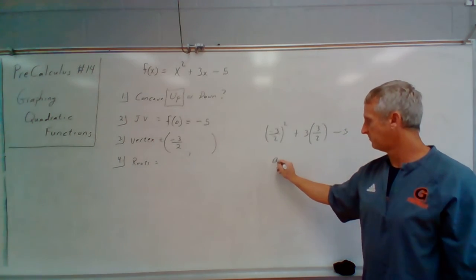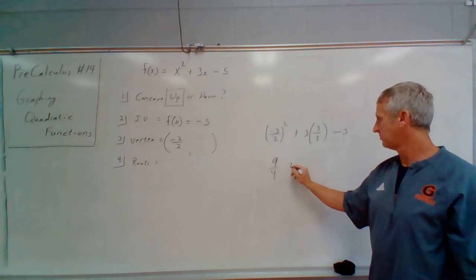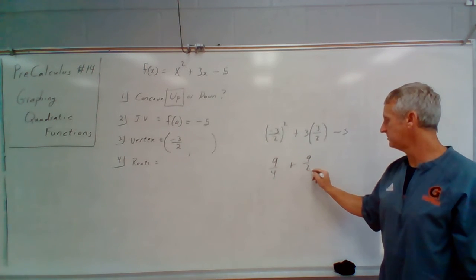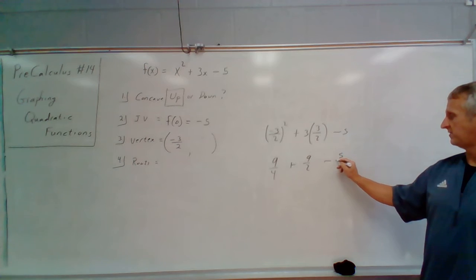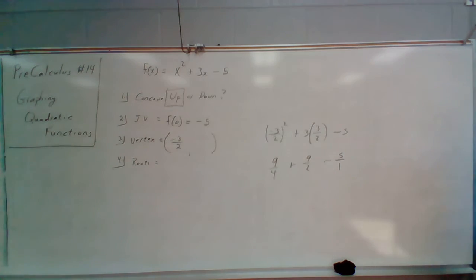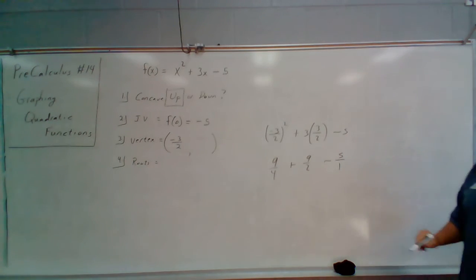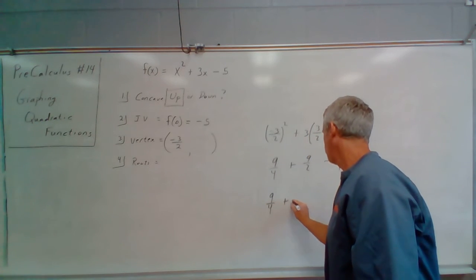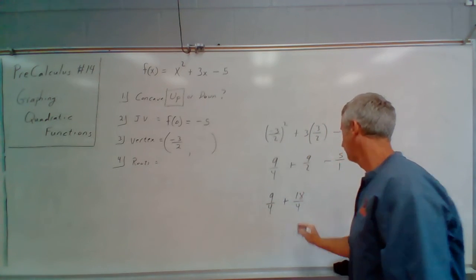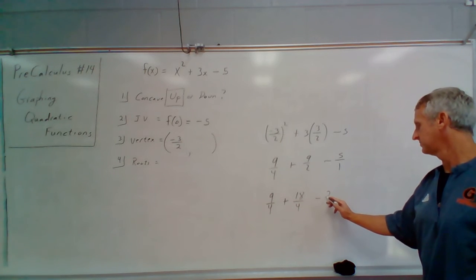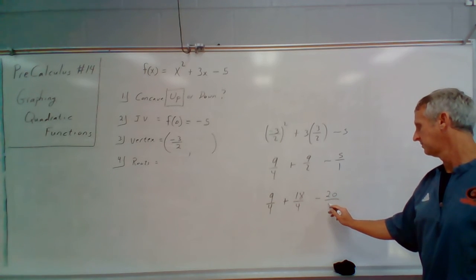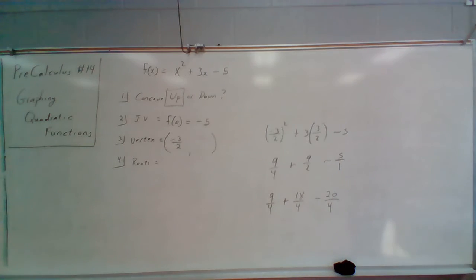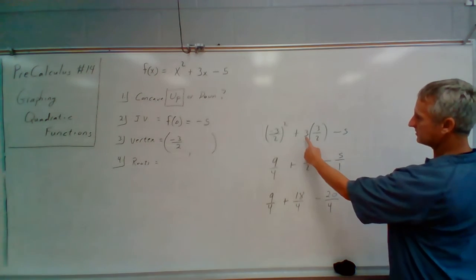This would be 9 over 4 plus 9 over 2 minus 5 over 1. In order to add or subtract fractions, we need a common denominator. So let's use 4. 9 over 4 plus 18 over 4 minus 20 over 4. Oh, excuse me, I messed up here.